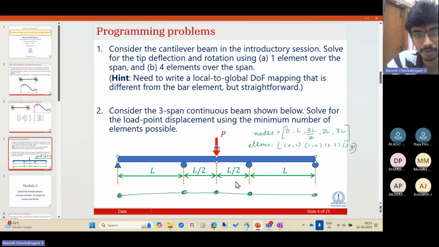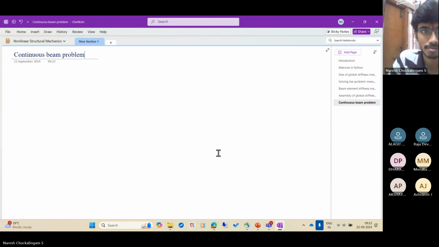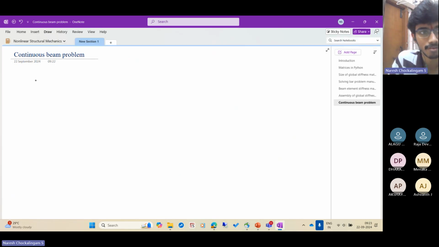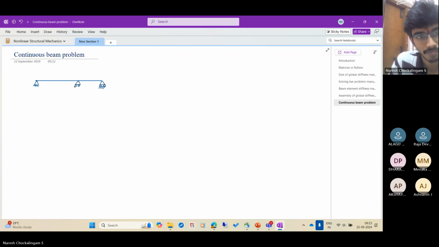So we have L by 2, L by 2, L. So we have a support here, and you have a midspan loading P. So this is L by 2, L by 2, and L.